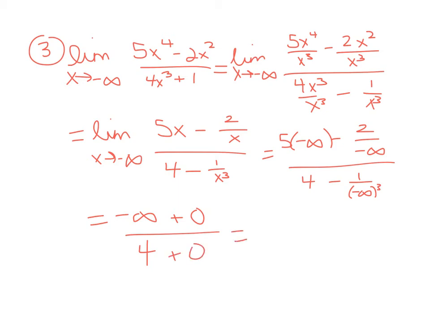So my final answer is negative infinity over 4. Now, infinity is huge, so if you just add, subtract, multiply, divide numbers to it, they're not going to affect it at all. And so my final answer for this one is actually going to end up being negative infinity.